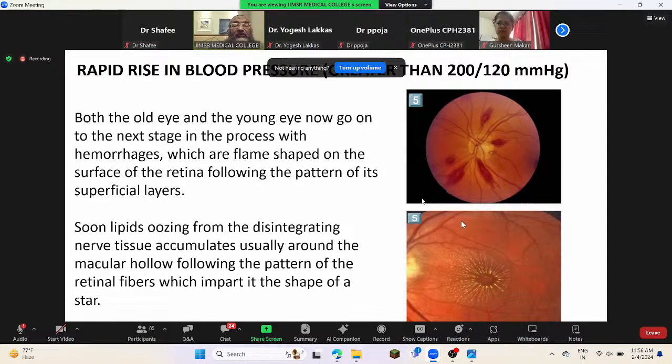Soon, lipids oozing from the disintegrating nerve tissue accumulate usually around the macular hollow, following the pattern of retinal fibers, which impart it a shape of a star. Here, as you see, is what you refer to as macular star.